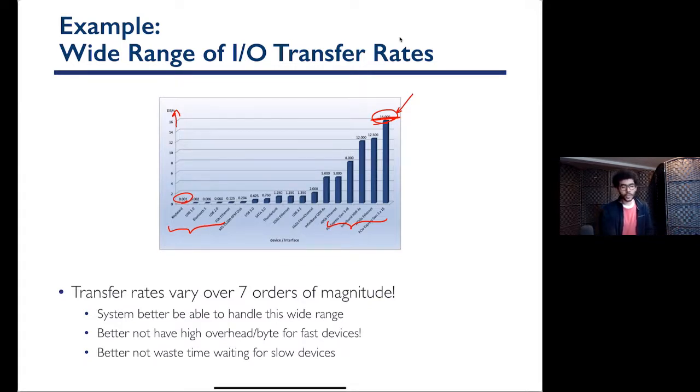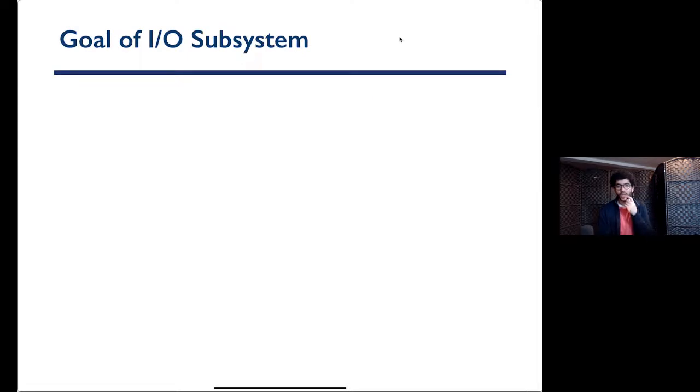We don't want to restrict everyone to a certain range of data transfer or a certain range of protocols. We want to let them have as many and as diverse as possible. But this makes our life harder as operating system designers. So we are faced with these different kinds of devices.